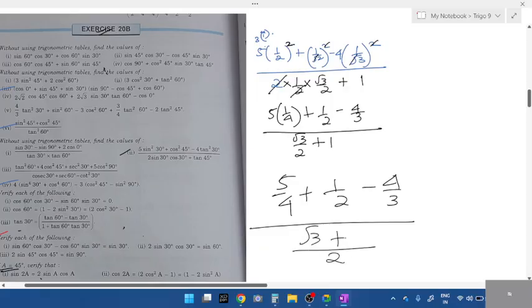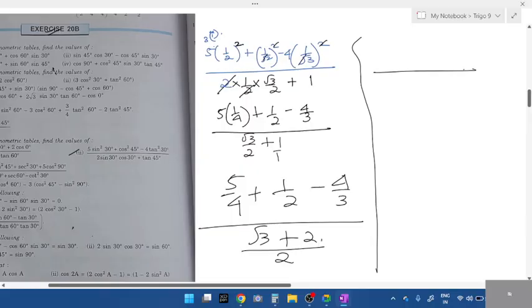If you take LCM, what do you get? We get it like this. Right hand side. And numerator, what do you get? What's the LCM? 2, 2, 1, 3. What's the LCM? Is it 12? LCM is 12? Okay.